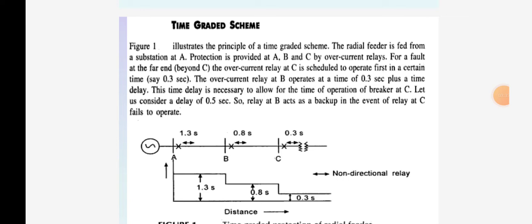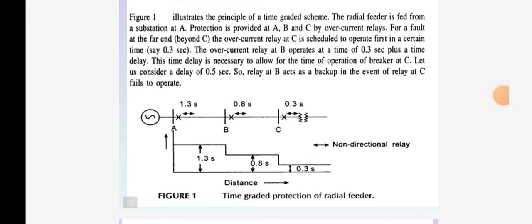This time delay is necessary to allow for the time of operation of the breaker at C. Let us consider a delay of 0.5 second. So, the relay at B acts as backup in the event the relay at C fails to operate. So, this is the diagram for time graded protection of a radial feeder.